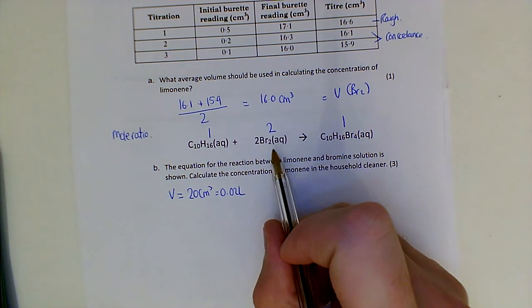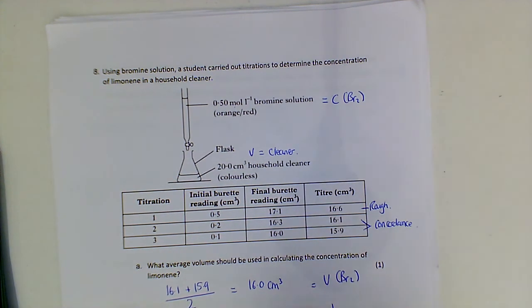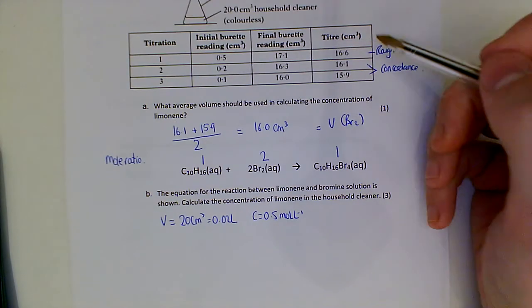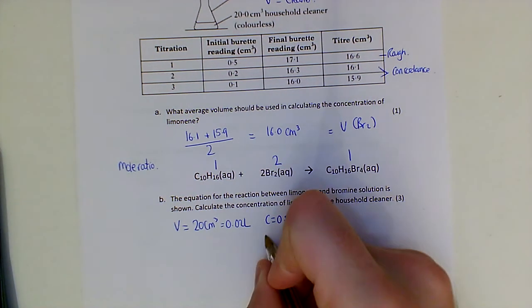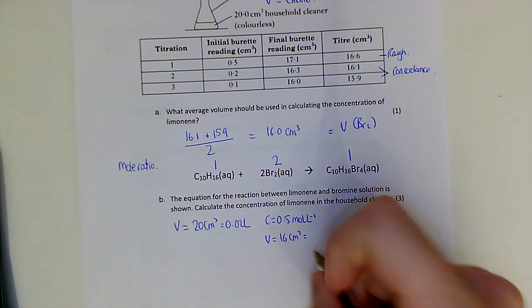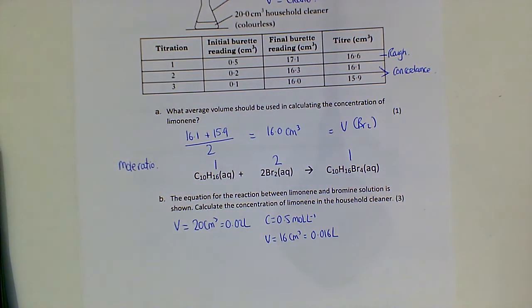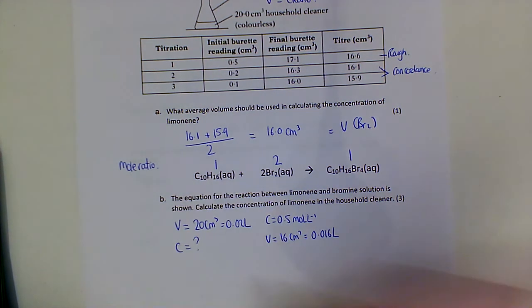For my bromine, at the top I had a concentration of 0.5 mole per litre, and all of this table was the bromine solution, and my average volume was 16 centimeters cubed, which equals 0.016 litres. And what I've been asked to calculate is my concentration.